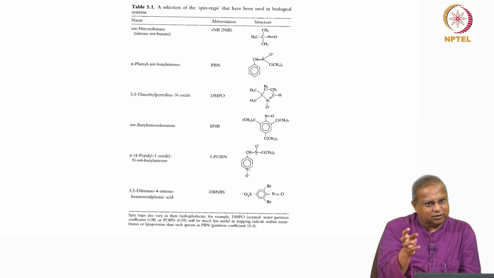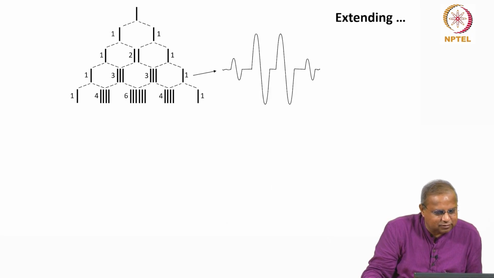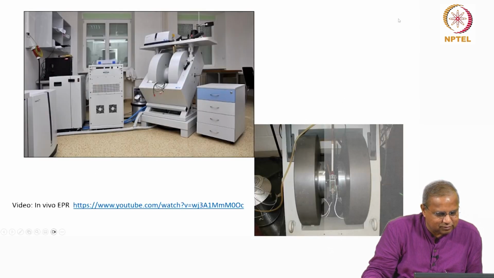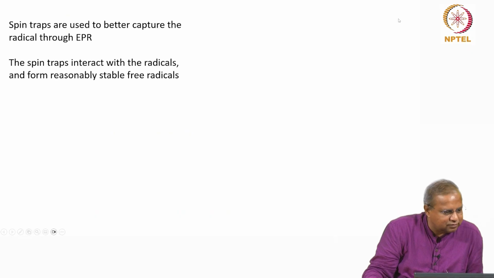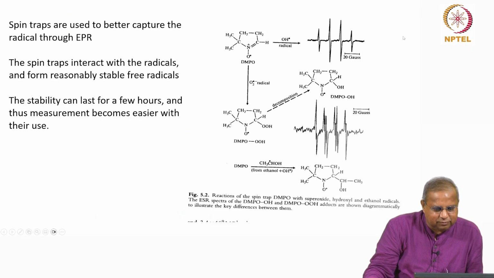Then it will react specifically with the hydroxyl radicals and produce a species such as this, or a species such as this with superoxide and so on. Okay, so this is what the EPR will catch.